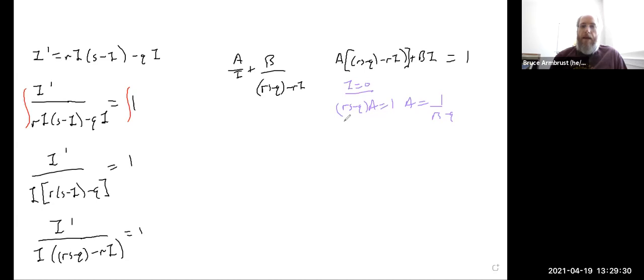And then the other I I would use is (RS minus Q) over R. So when I plug that in here, that gives me 0. So I get B times (RS minus Q) over R has to equal 1, so B is equal to R over (RS minus Q).